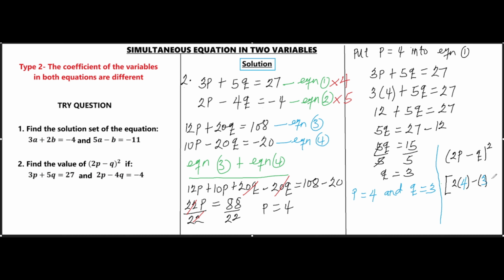Then the whole of this expression, all squared. So 2 times 4, that is 8, minus 3, and then 8 minus 3, that is 5, so 5 squared, and then we know that 5 squared is 25. So that is the answer for try question 2.